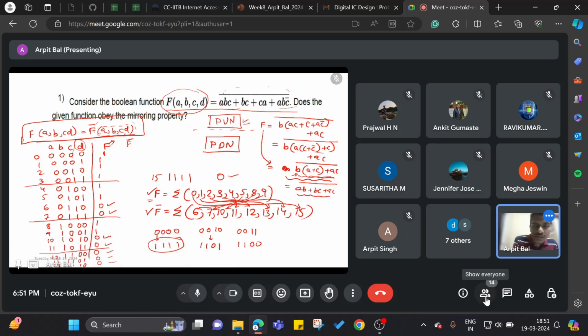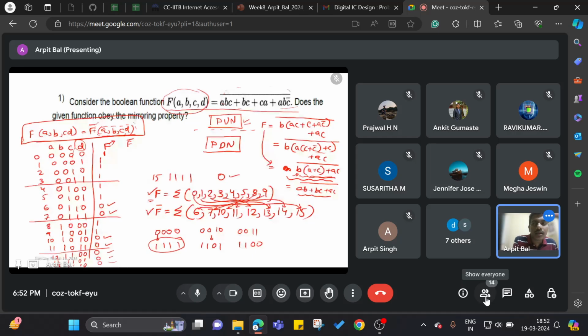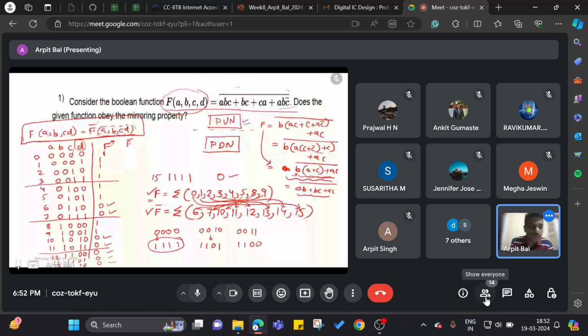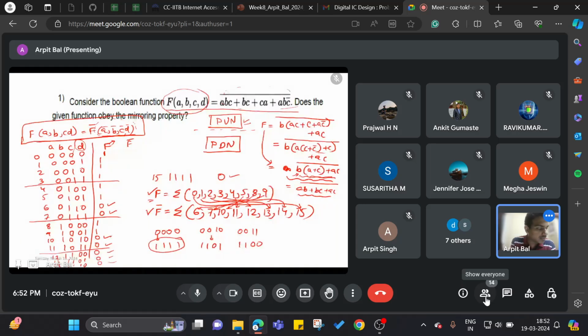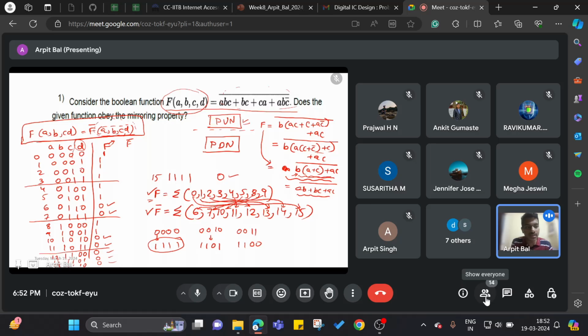In today's session, we checked whether any function that is given to us satisfies the mirroring property or not. And we discussed what the benefit of having this mirroring property is. We can simply draw the NMOS and copy the same thing in the PMOS stack as well.